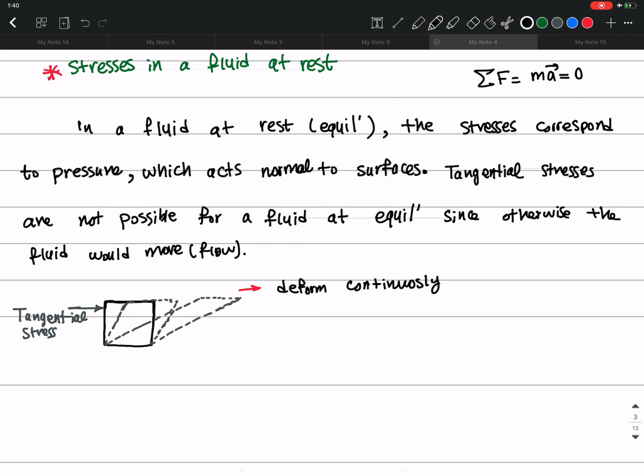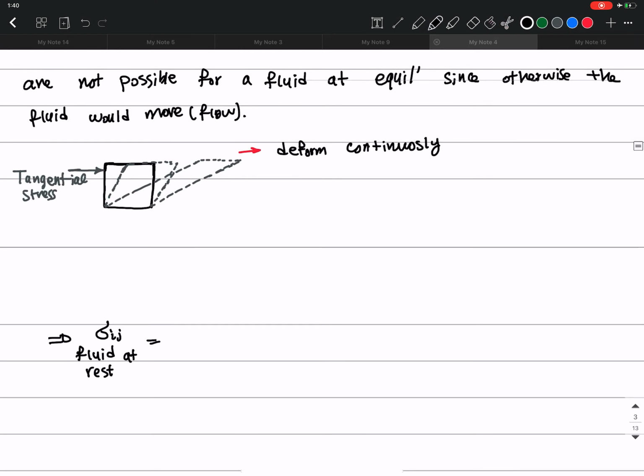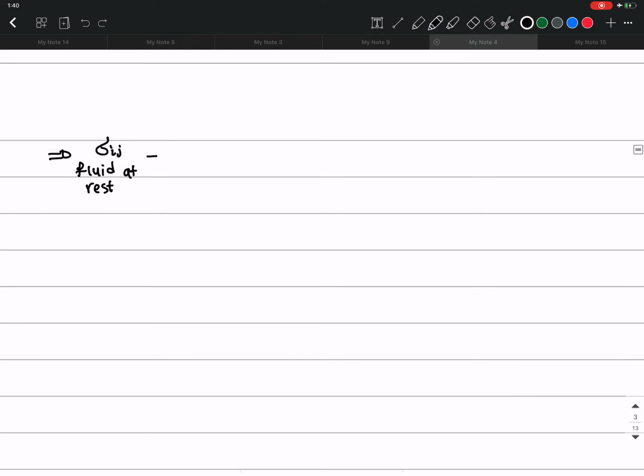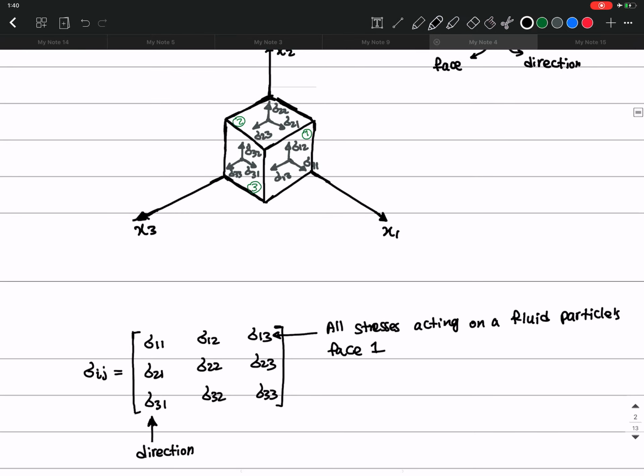So what does this mean and what does this entail? This means that the stress tensor sigma ij for a fluid at rest is going to be, in the diagonal of this matrix, if you remember, we have the normal forces.